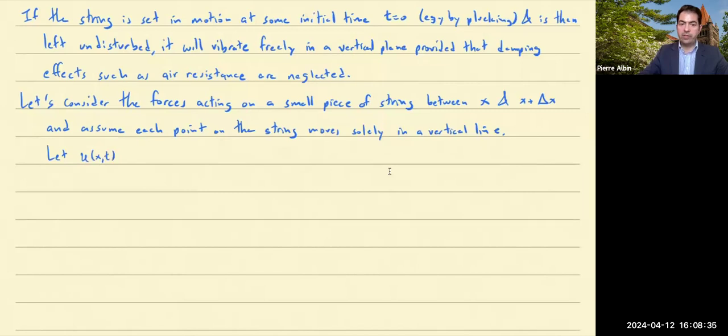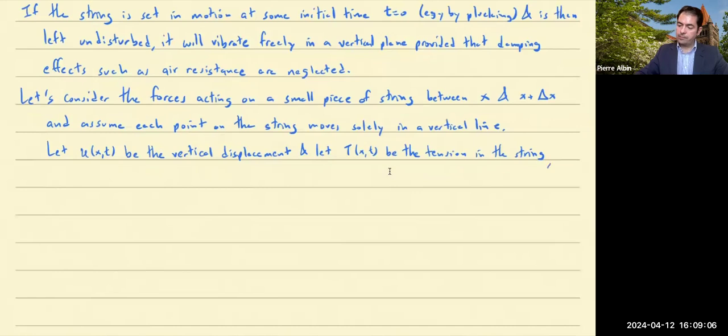Let u of x comma t be the vertical displacement, and let capital T of x comma t be the tension in the string, and let rho denote the mass per unit length of the string.